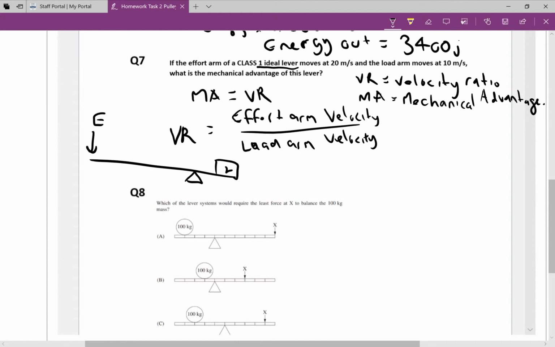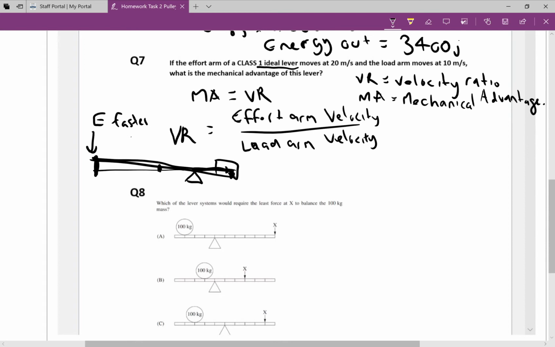Because this is further out, for this load to move that very short distance here in the same time, instead of having to move that distance, it has to move this distance, which is a lot bigger. So in the same time, it has to cover a bigger distance. So effort is going faster, in this instance, if there's a mechanical advantage that's greater than 1.